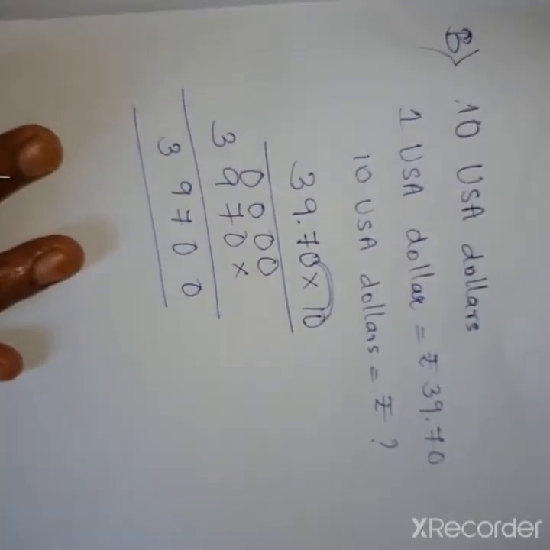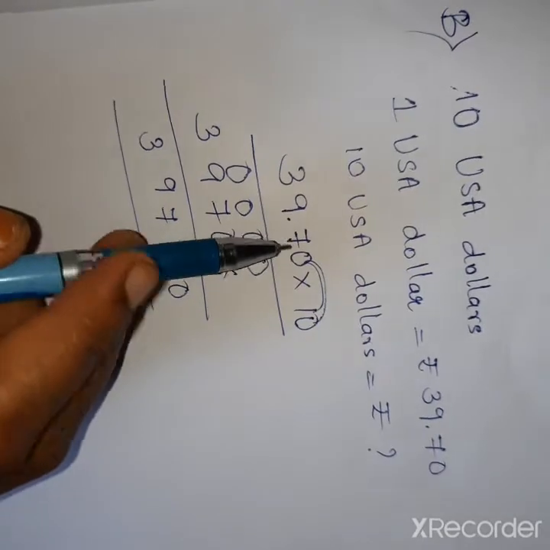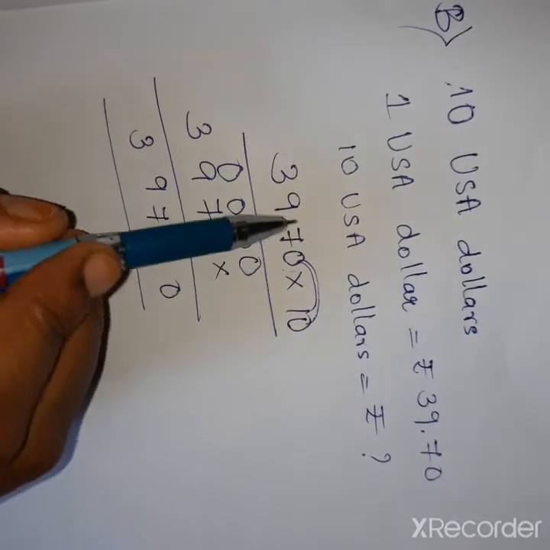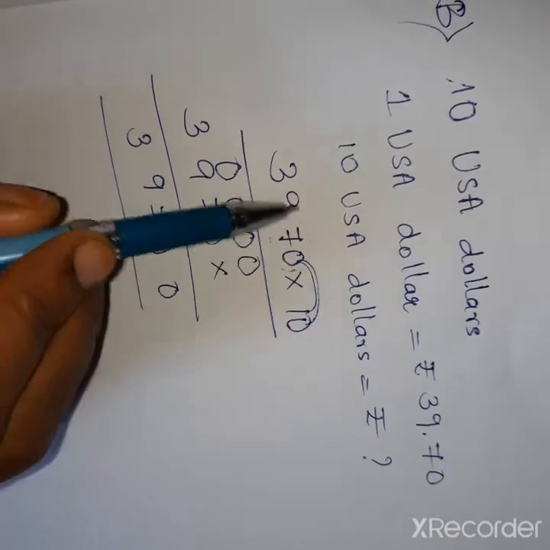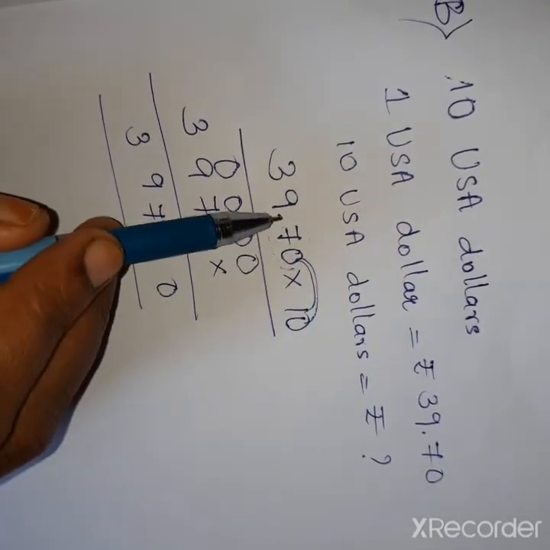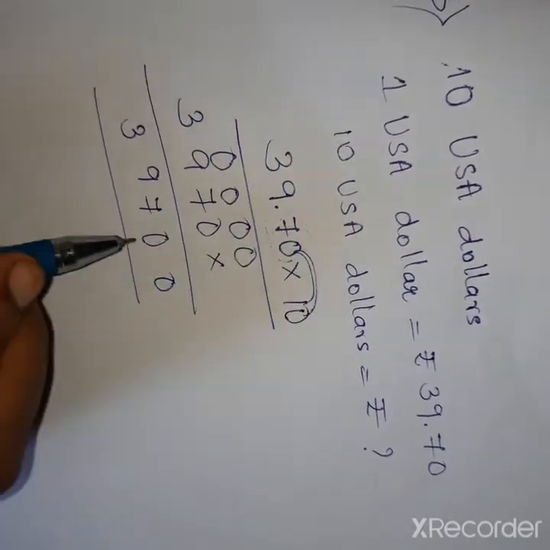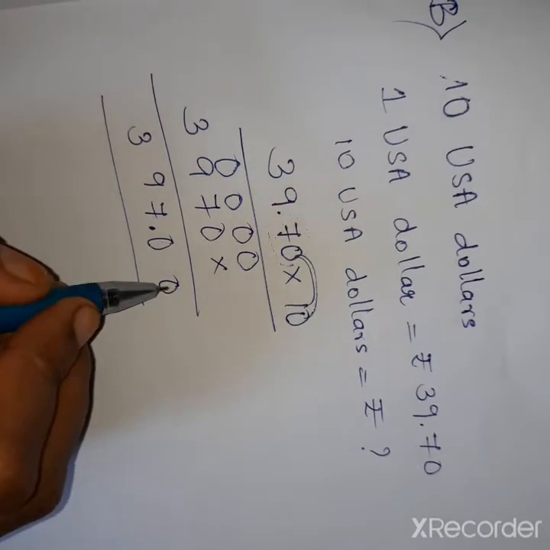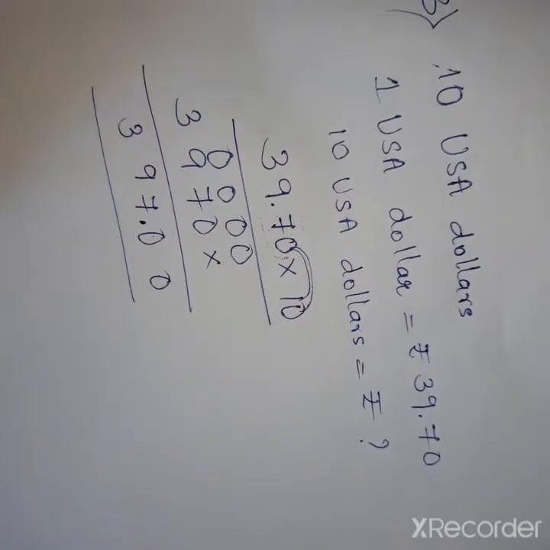Where to put the decimal point? As I have already taught you, we have to see the decimal places in the question. Here there are 2 decimal places. After the decimal to the right, we have 2 digits. So here also we have to put the decimal in such a way that it has 2 decimal places.